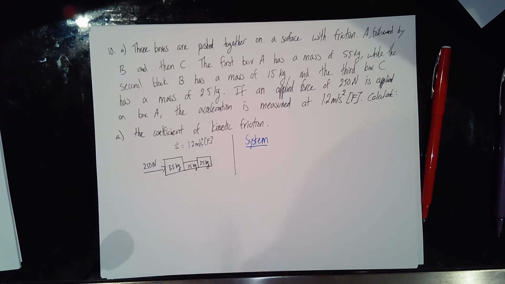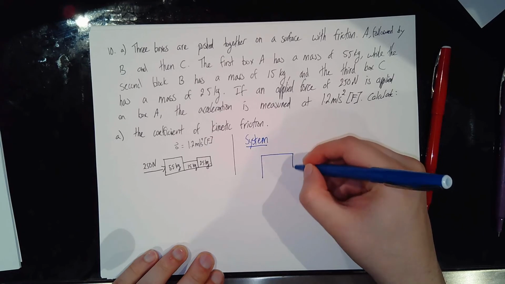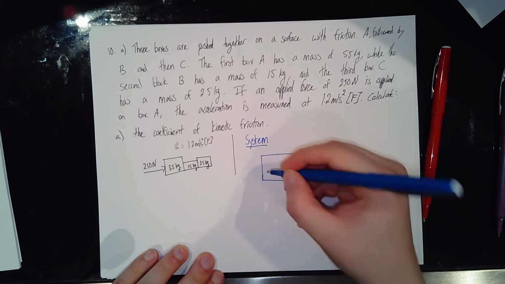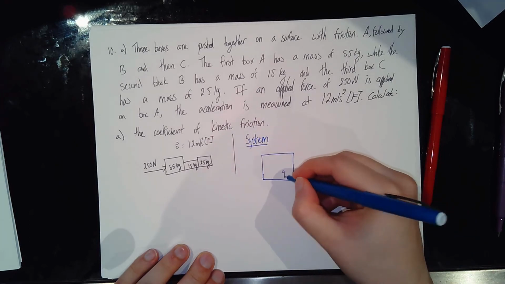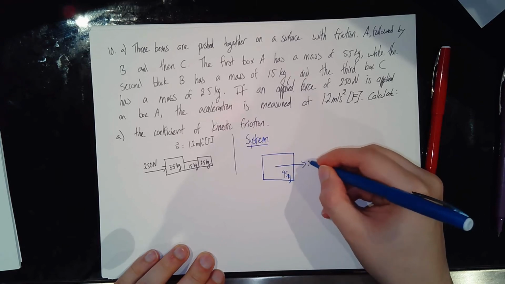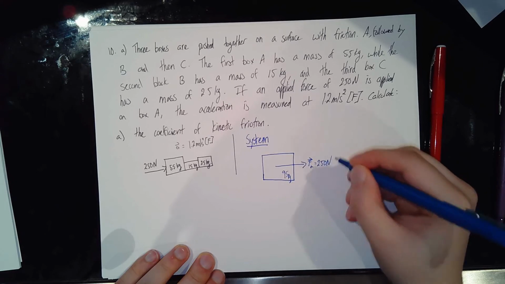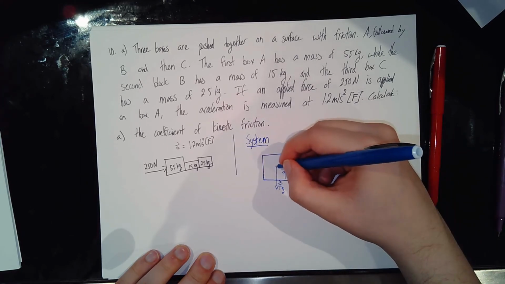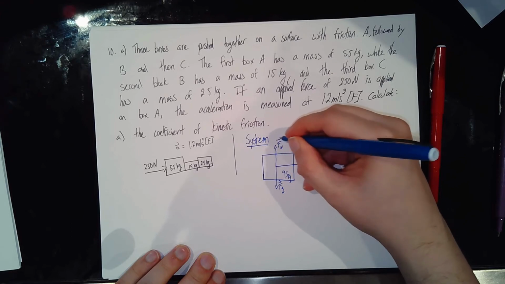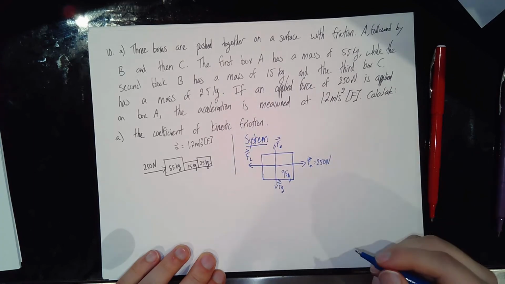So, if we're looking at the system, we're going to have a combined mass of 95 kilograms. We're going to have an applied force, which is the whole 250 newtons. We're going to have our force of gravity, our normal force, and our force of kinetic friction.